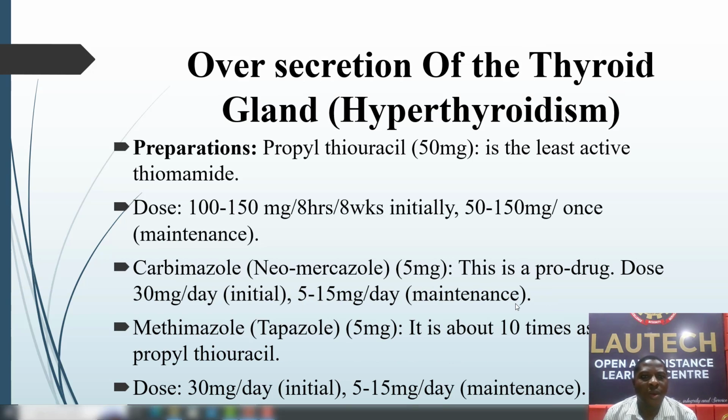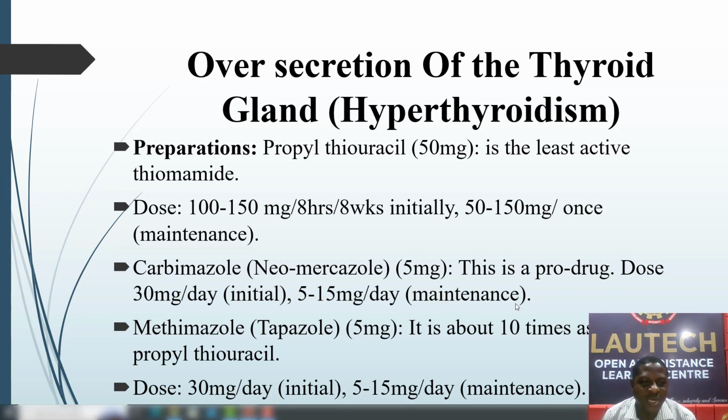So, we want to look at the preparations. Propylthiouracil 50 milligram is the least active thionamide. Dose is 100 to 150 milligram every 8 hours initially, then 50 to 150 milligram once daily as maintenance dose. Then carbimazole, Neo-Mercazole 5 milligram. This is a prodrug.